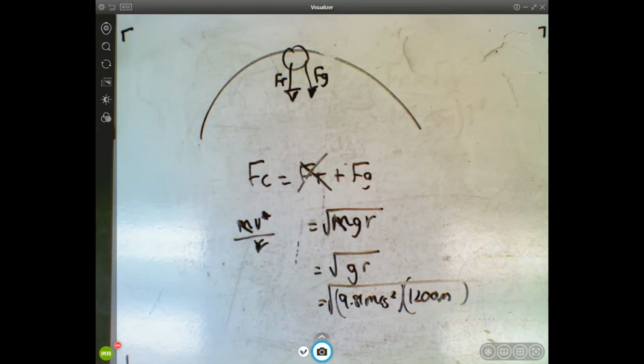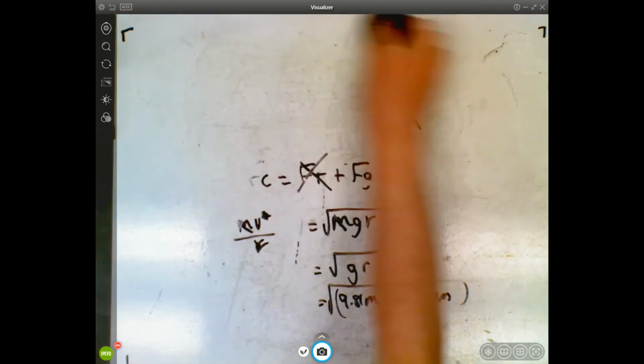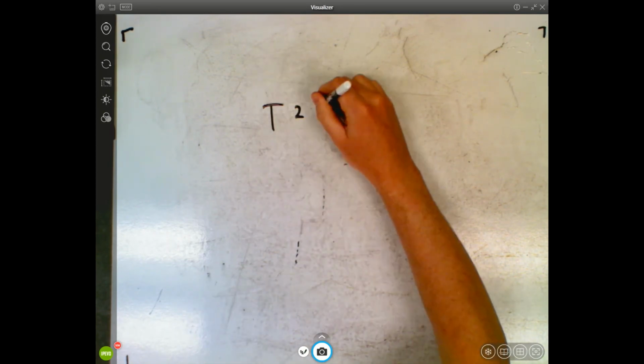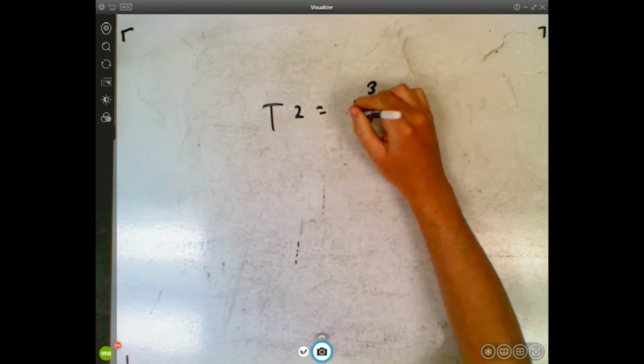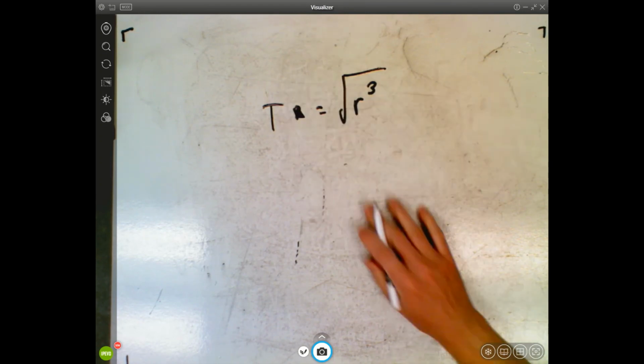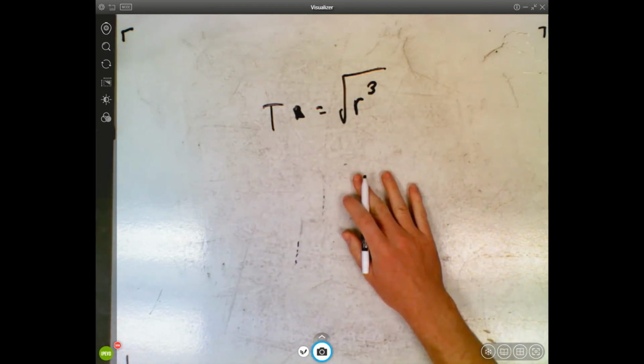So we're going to use our period squared equals radius cubed, and it asks us, Mars is 1.532 astronomical units away. Calculate the period. So if we want to find the period, we have to square root both sides, and that'll get rid of that.